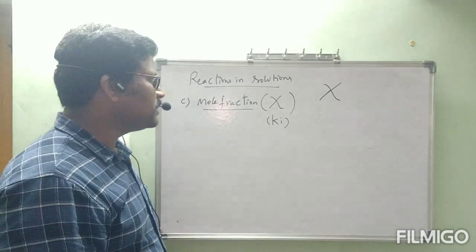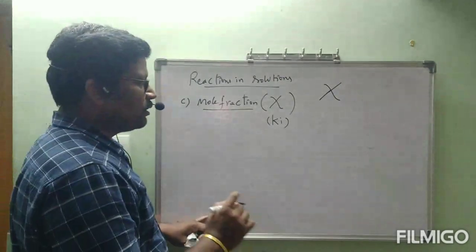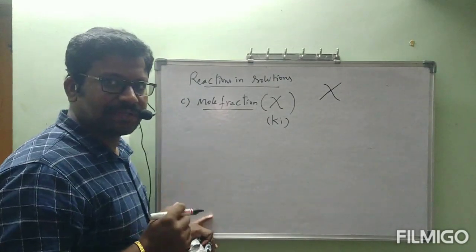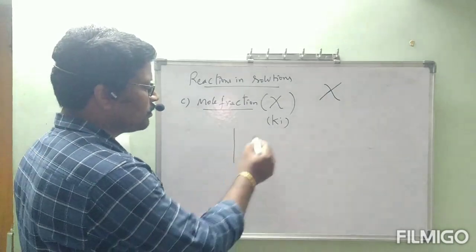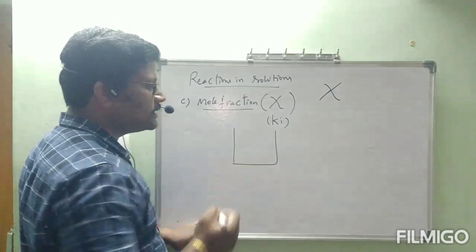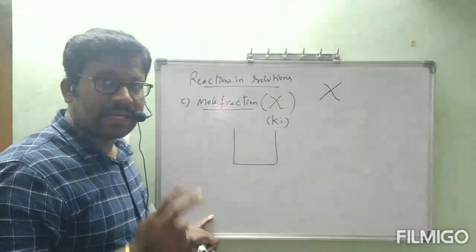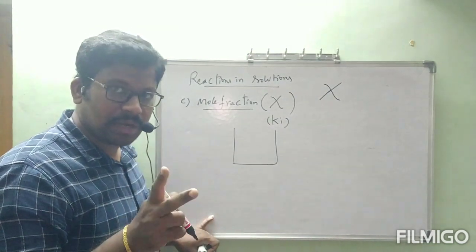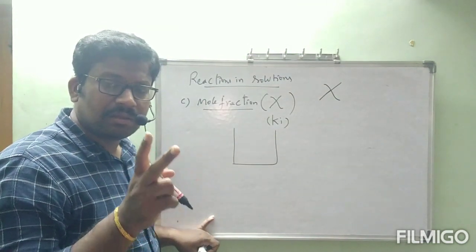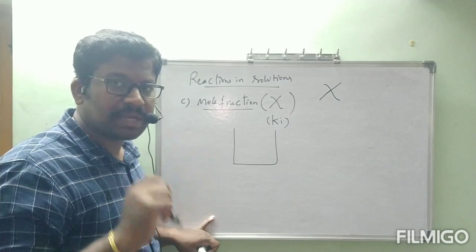Now coming to mole fraction. Before going to this one, let us consider one solution. Please remember what is meant by solution. At least that solution must contain two components, and between the two components there is no chemical reaction.